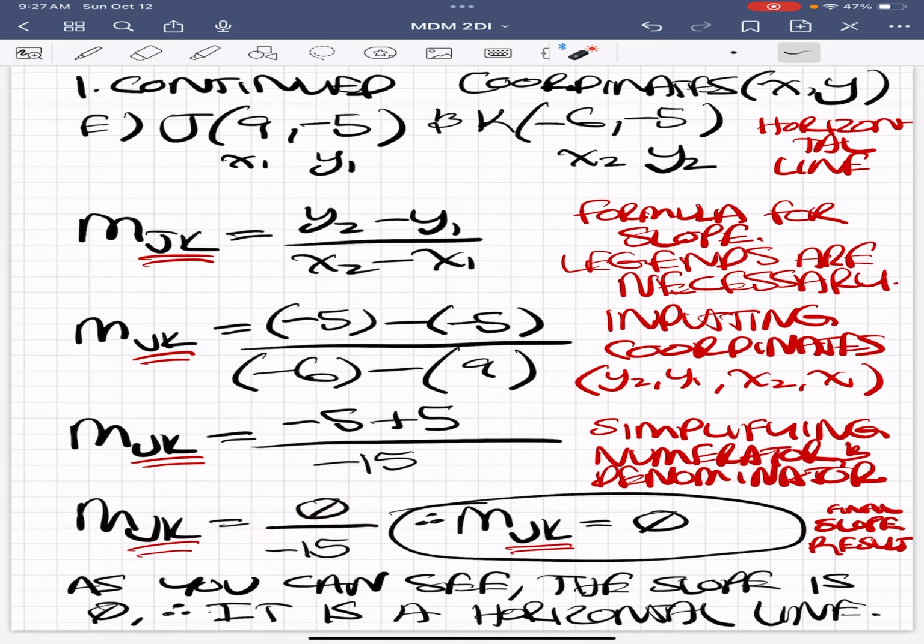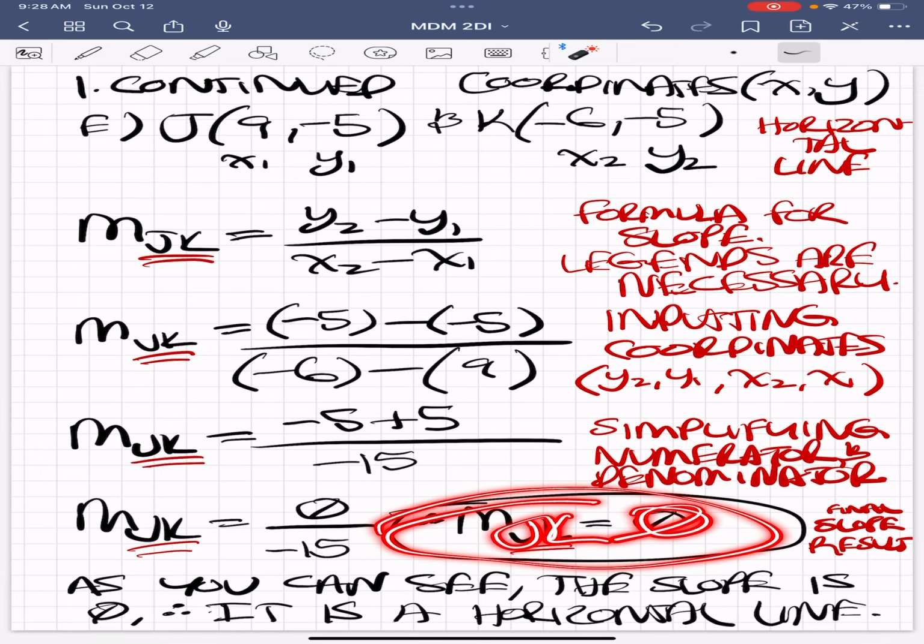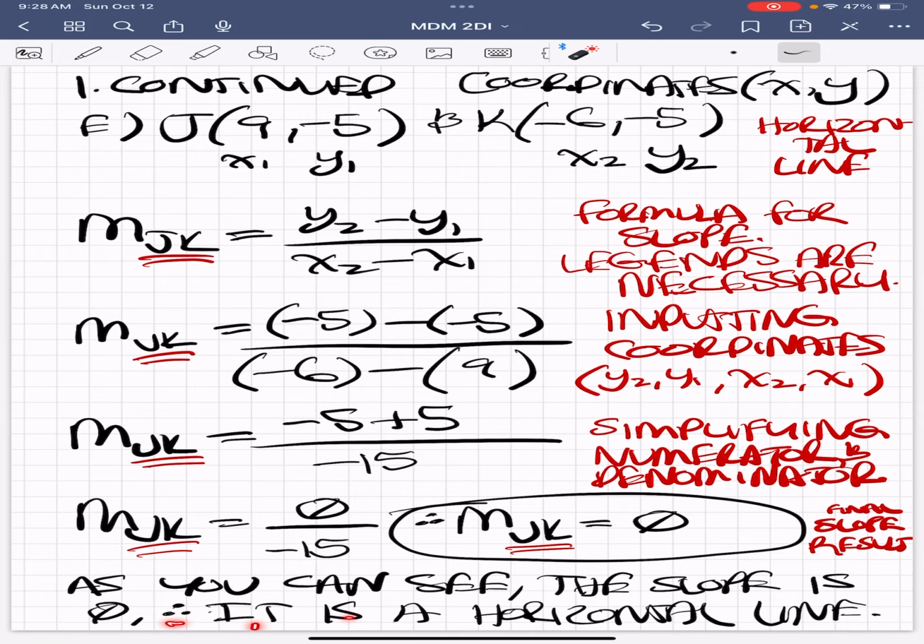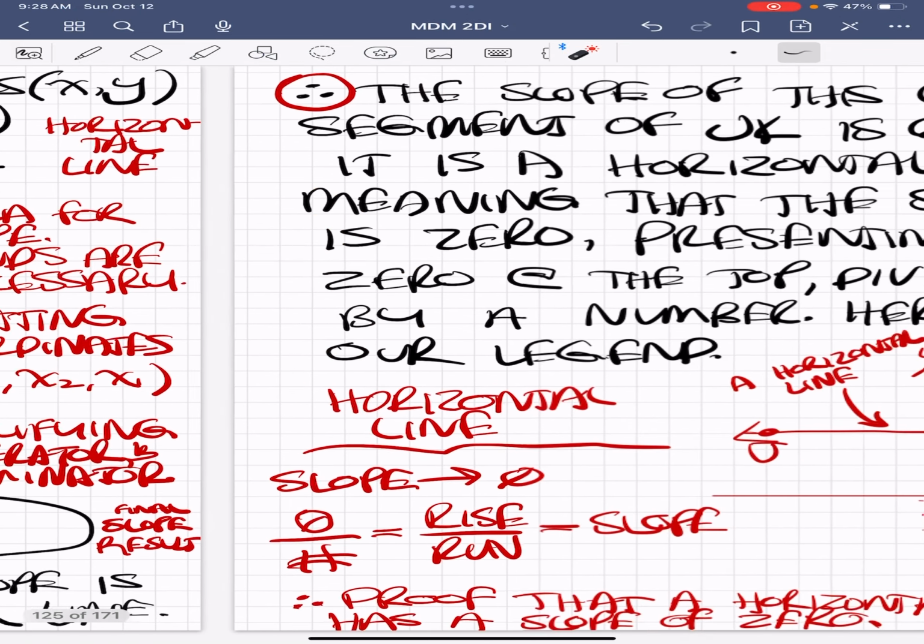So the numerator was 0, and the denominator was a number, meaning the slope of line JK was 0. As you can see, the slope is 0, therefore it is a horizontal line.